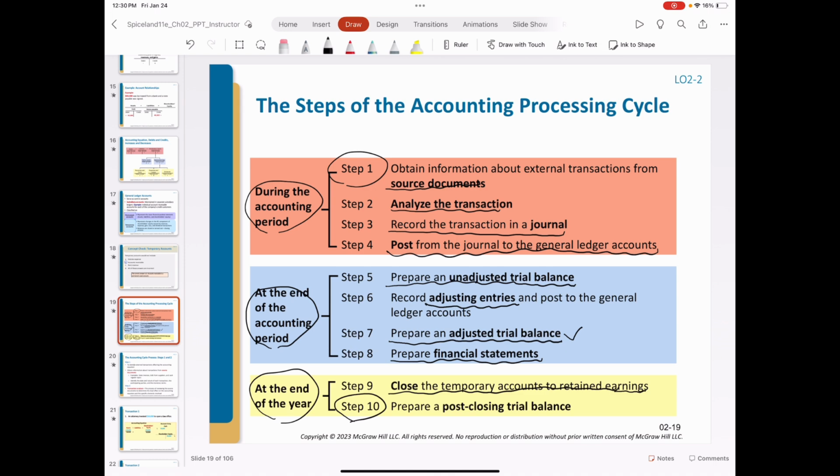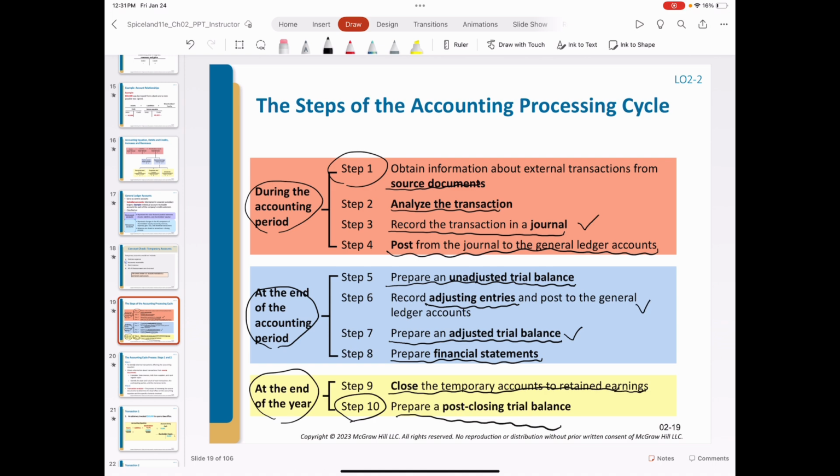We repeat step 5 again, then we can have the third trial balance. We call it the post-closing trial balance, which is after the closing journal entries. In summary, we will do journal entries 3 times. The first is step 3, based on external transactions.